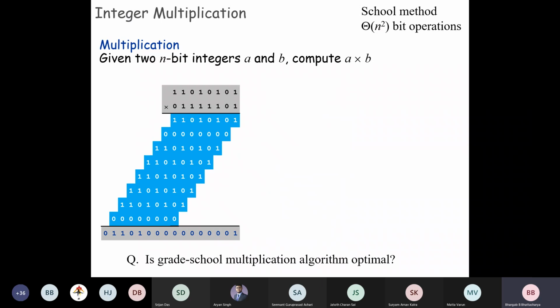So this is a fundamental question, and it was studied by mathematicians for centuries. It has challenged several mathematicians over the centuries. What is the optimal complexity for implementing multiplication of two n-bit integers?